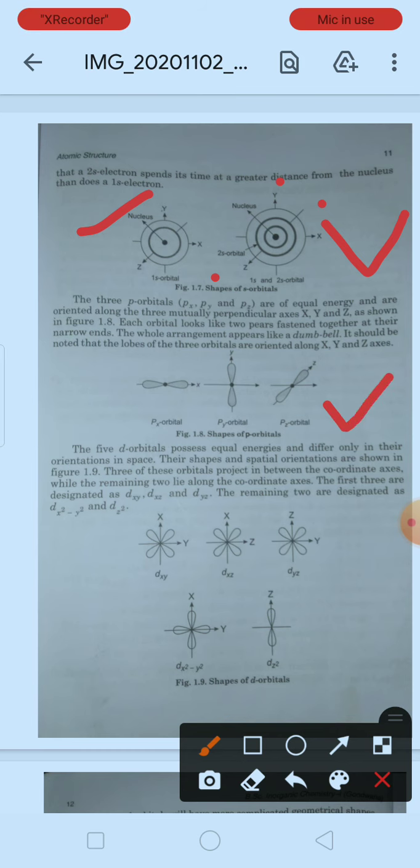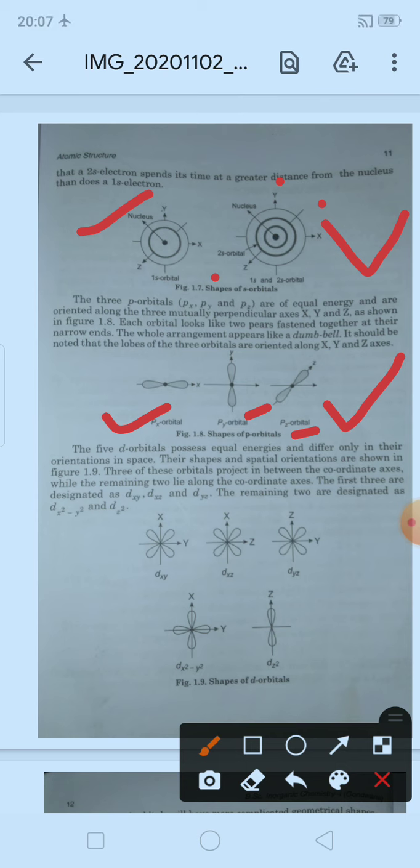Then comes the second one, that is the p orbital. I told you in the previous topic that the p orbital is dumbbell shaped. So here you can see the px, py and pz orbitals. Now how can you identify and draw it? You can see the horizontal line, that is the x-axis. If the dumbbell shape is on the x-axis, these are the lobes of the p orbital, so it is the px orbital.